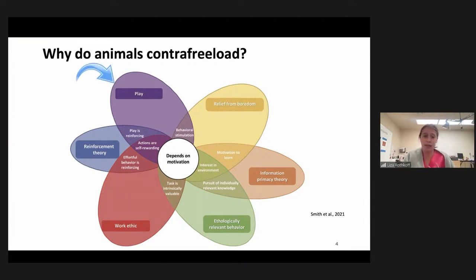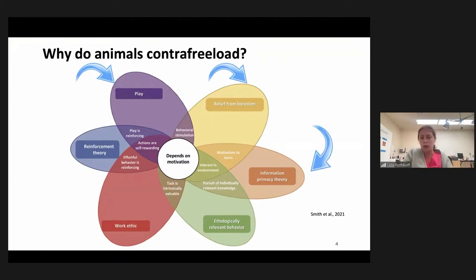There is a theory that since play is reinforcing, animals may think of foraging behavior and contra-free loading behavior as playful behavior, and that this action of contra-free loading might be rewarding in itself. Also, contra-free loading could provide relief from boredom for animals who might not get much stimulation otherwise.